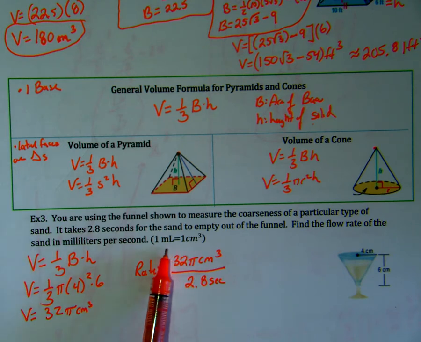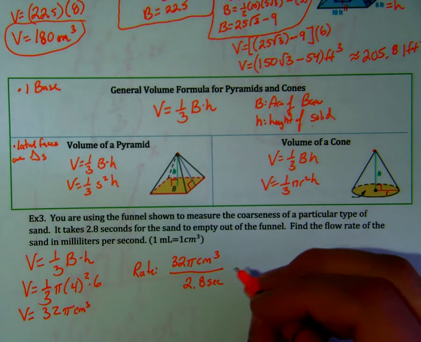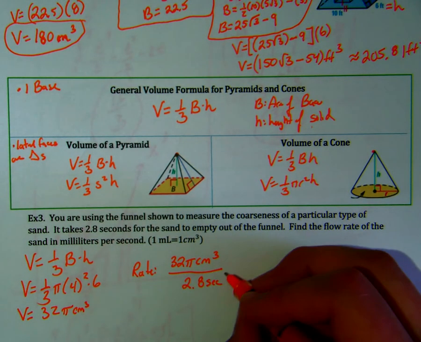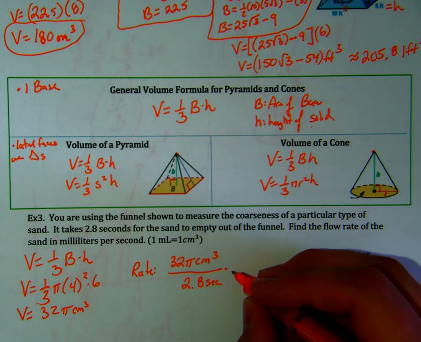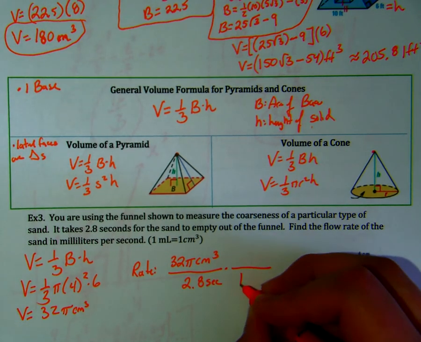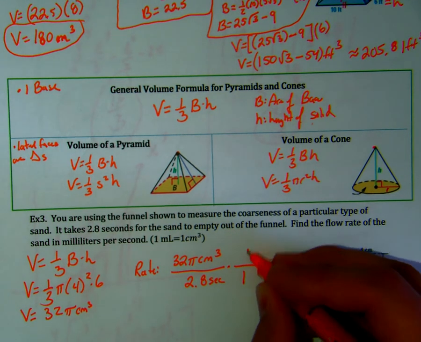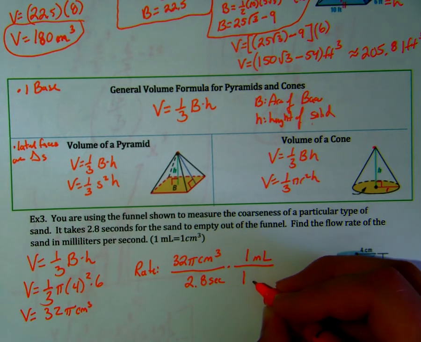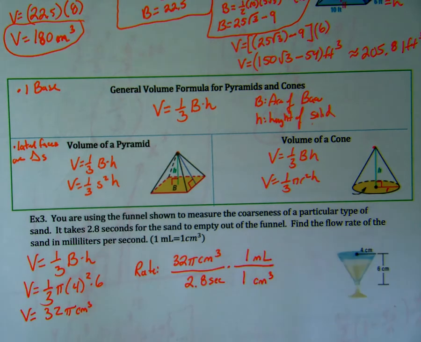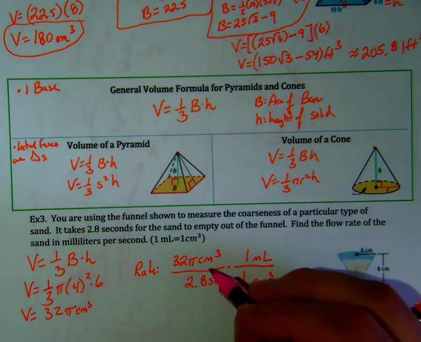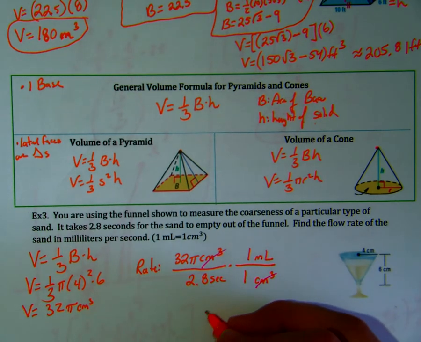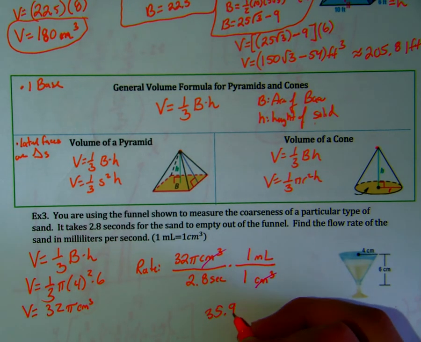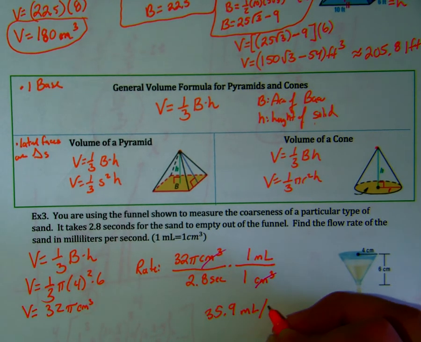Metric is fantastically easy. 1 milliliter is equivalent to the volume of 1 cubic centimeter. So if I set up a ratio, 1 milliliter is equal to 1 cubic centimeter. Then the units of cubic centimeter will cancel, and you just multiply that out, and this will be about 35.9 milliliters per second.